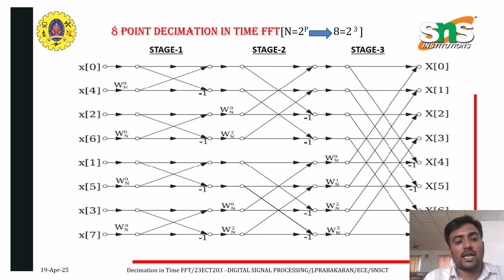Then you calculate the output for the first stage. This output is considered as the input of the second stage, and you calculate the output of the second stage, which is considered as the input of the third stage. Finally, we take the output for the total 8-point sequence.